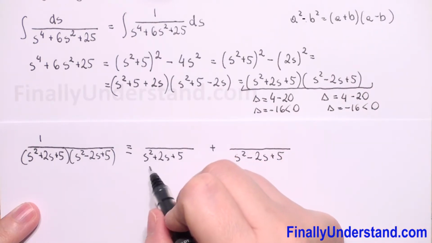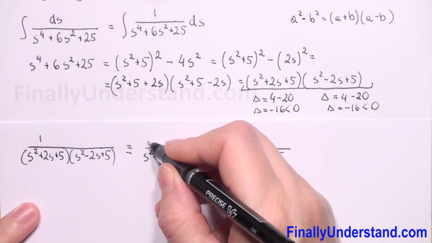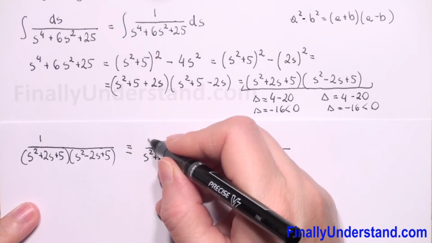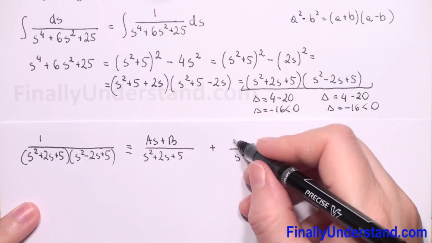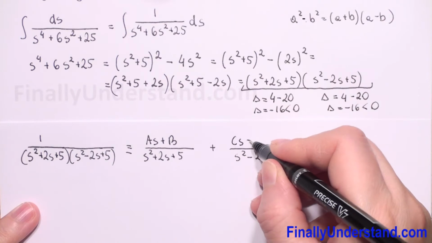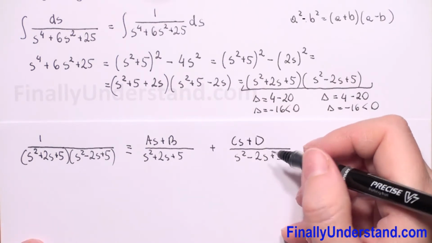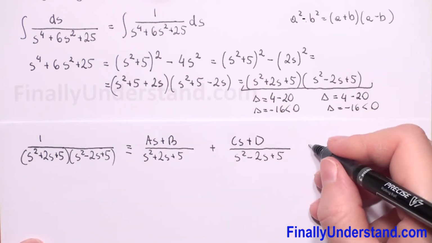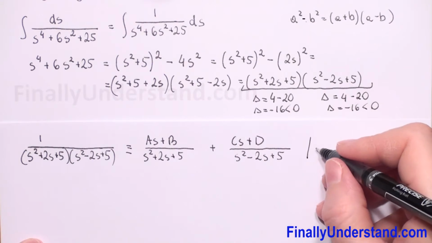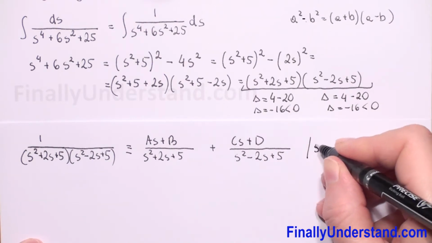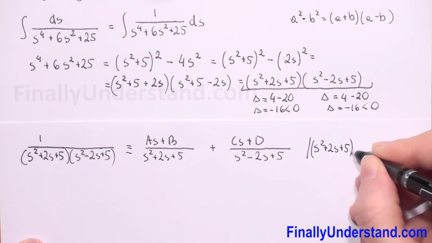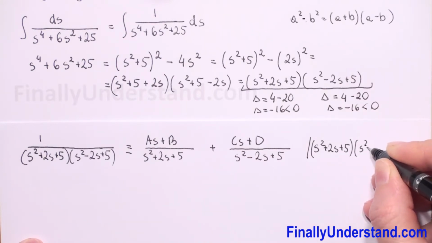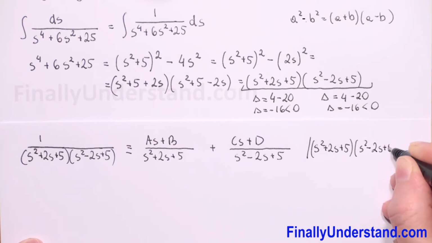We have a second degree in the denominator, so in the numerator we have to have first degree, so it will be as plus b, and we will have cs plus d. So now to reduce this fraction we will multiply both sides of our equation by (s squared plus 2s plus 5) times (s squared minus 2s plus 5).